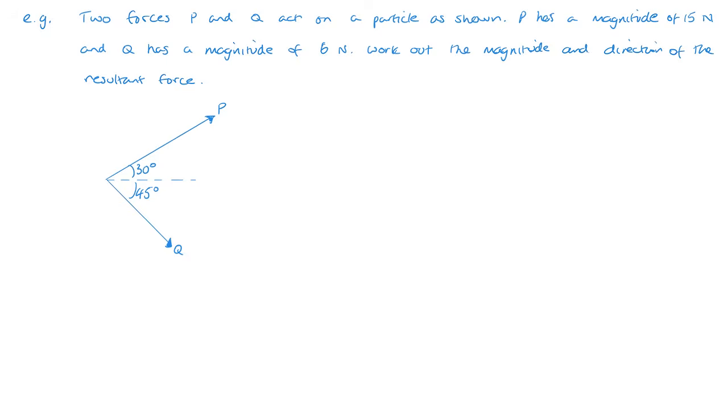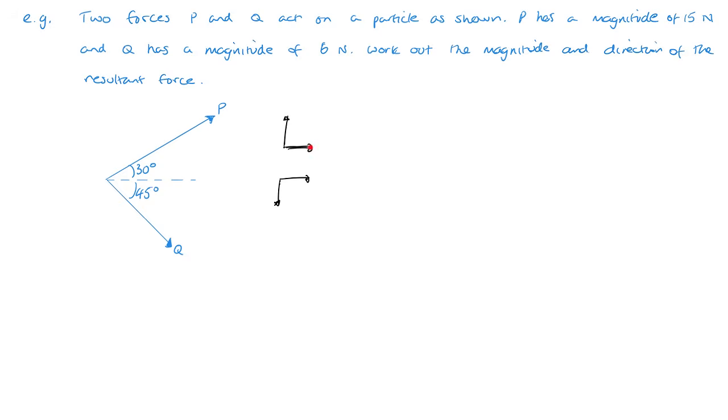So here I have two forces, and what I can do is split these forces up into their horizontal and vertical components. P will be split up into a horizontal and a vertically up component. Q will be a horizontal and vertically down component. And then I can resolve them.